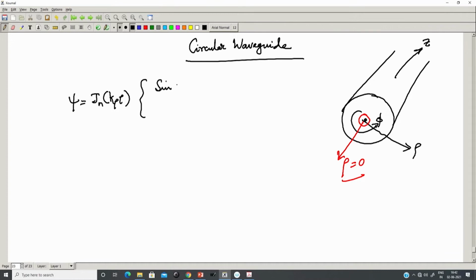Instead of e to the power j n phi, we can write that as sin n phi, cos n phi, and for the forward propagating wave along the plus z direction, the variation of the fields, or the appropriate eigenfunction, is given in the form of e to the power minus j kz z. We call this equation 25.